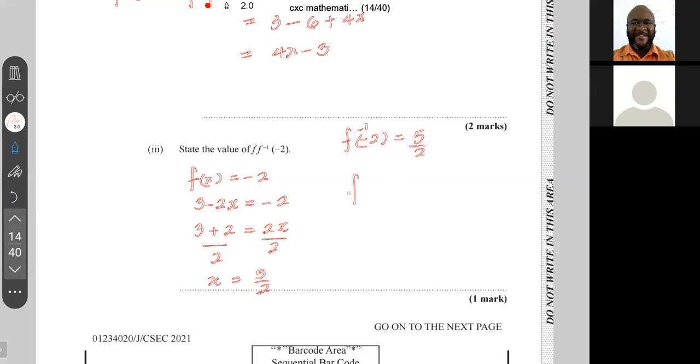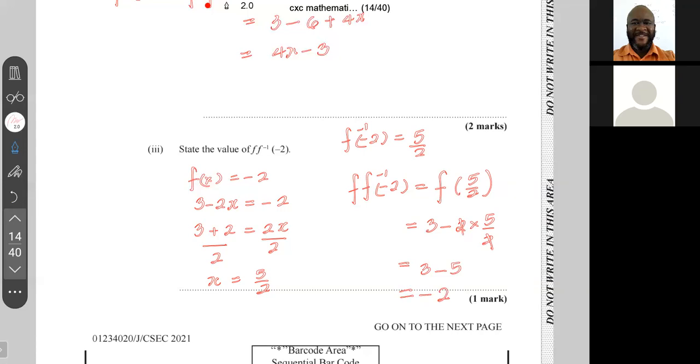Now f of f inverse of minus 2 is the same as saying f of 5 over 2. So in f, wherever I see x, I'm going to put 5 over 2. So in f, we have 3 minus 2 times 5 over 2. The 2s cancel, we have 3 minus 5. The answer here is minus 2.